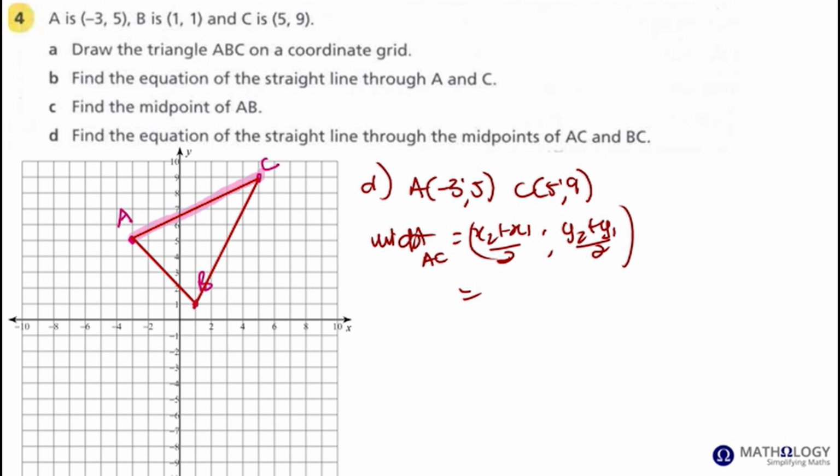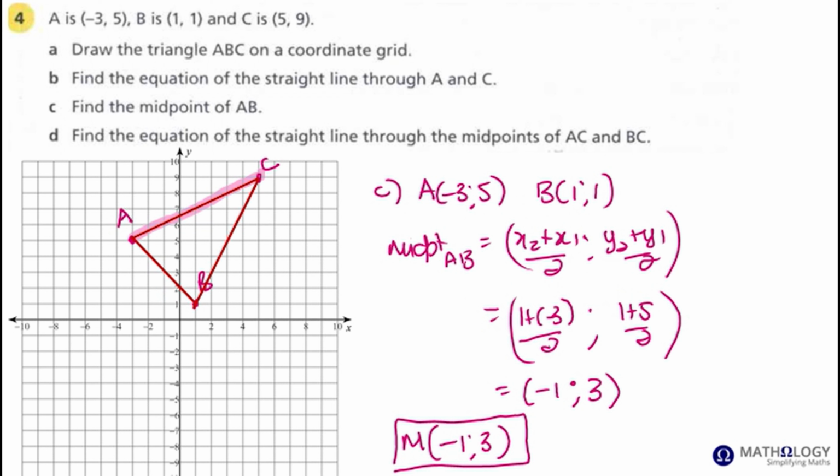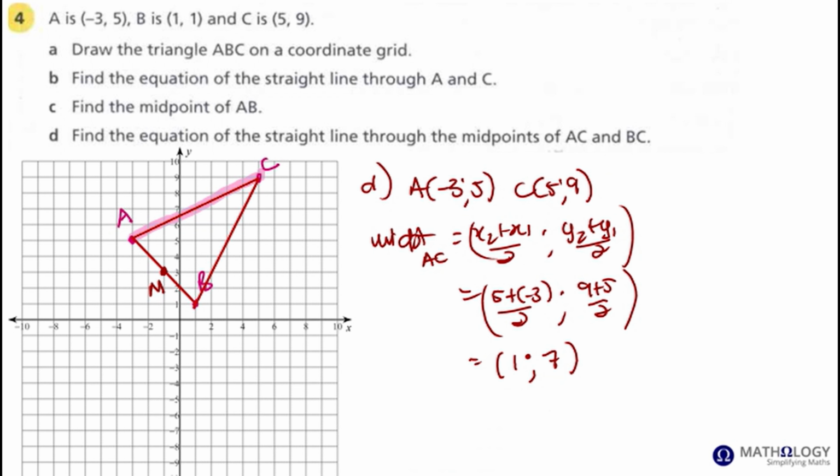So 5 plus -3 over 2, and then 9 plus 5 over 2. 5 minus 3 equals 2, 2 divided by 2 equals 1. 9 plus 5 is 14 over 2 equals 7. We cannot call this point M because we called the midpoint of AB M. So let's just call this point T. So T is the midpoint of AC, the point 1, 7.